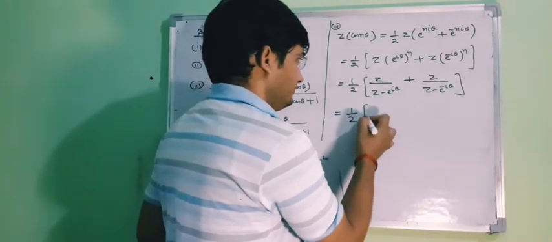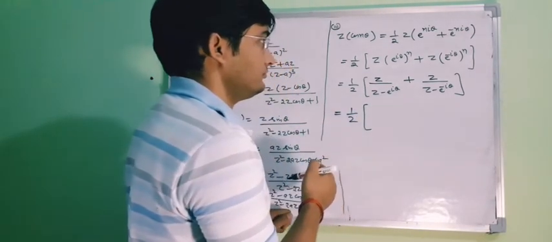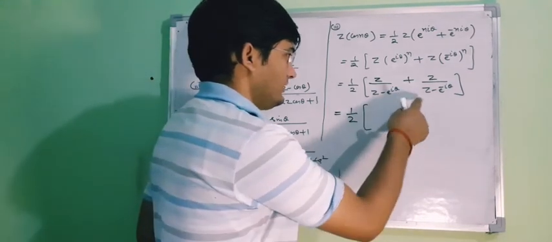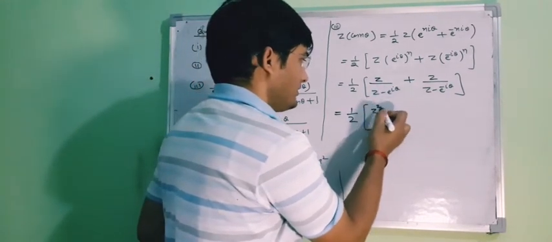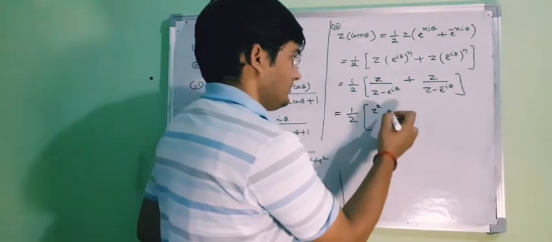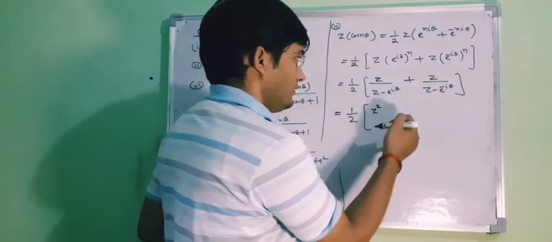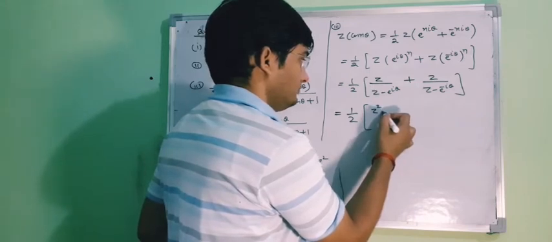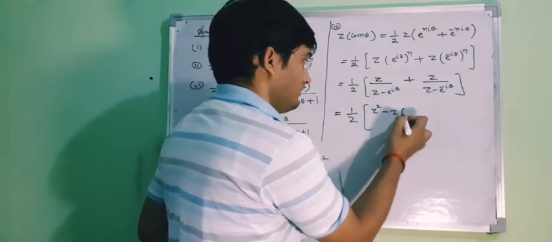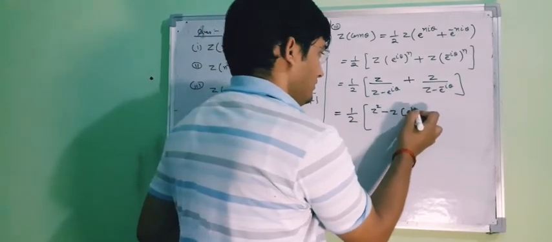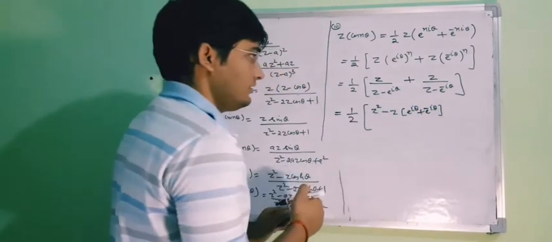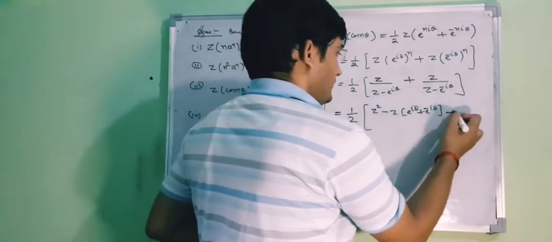Now we can take the LCM. So this will be z square here, then we will have minus z times e power i theta plus e power minus i theta, and then again z square.